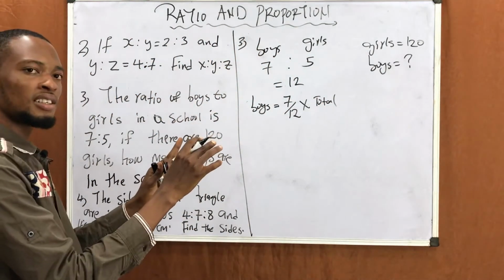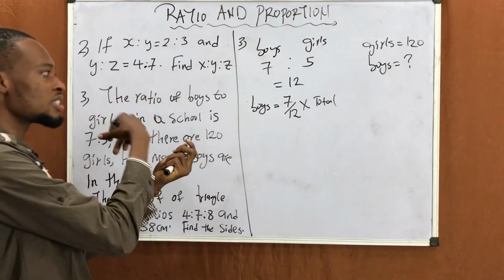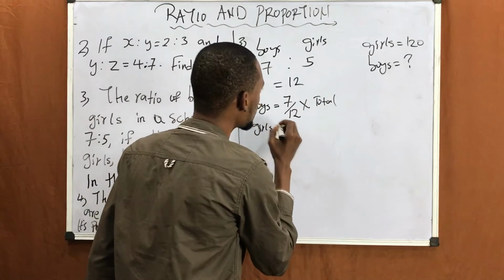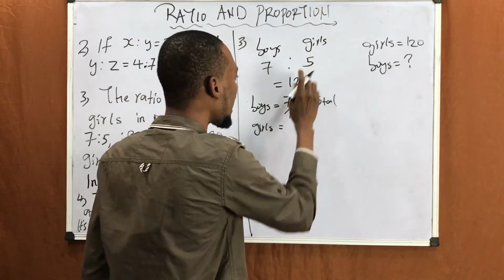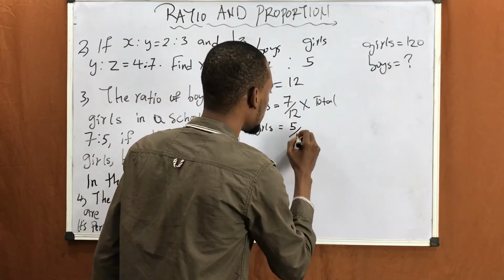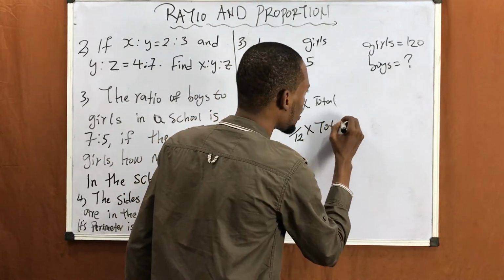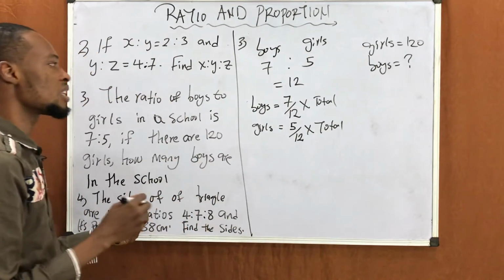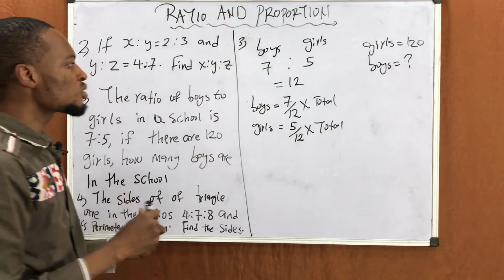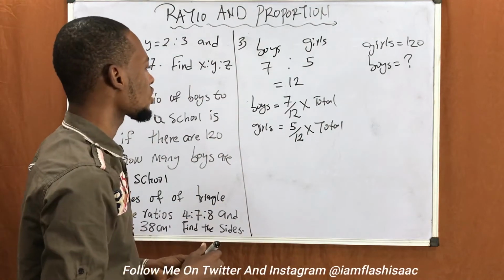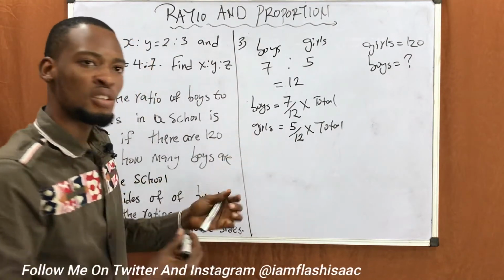Like I said in the last video, you may want to watch that. Then girls equals 5 over 12 times the total number. We don't know the total, so we can make it T, but the number of girls we know.